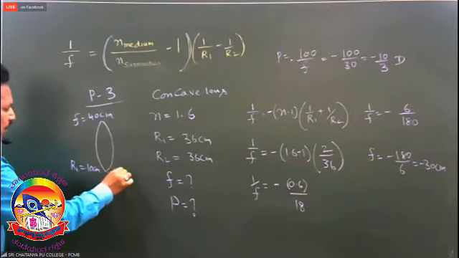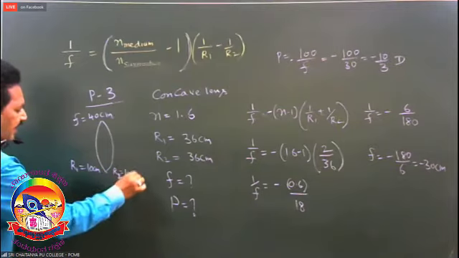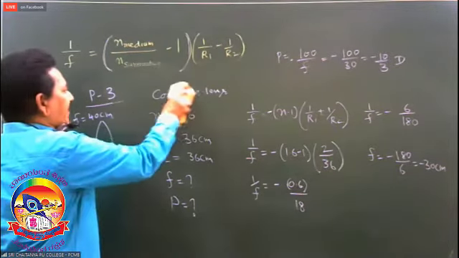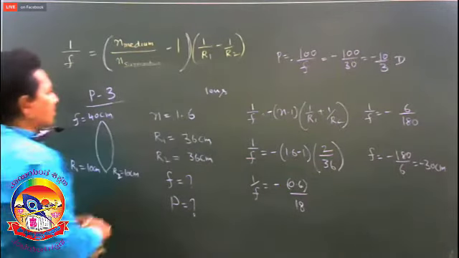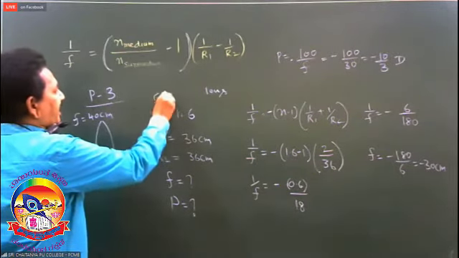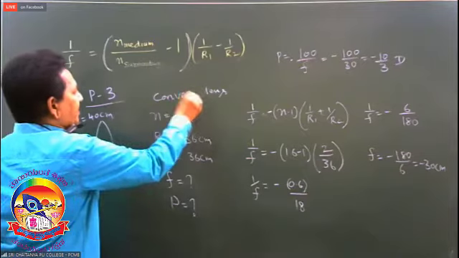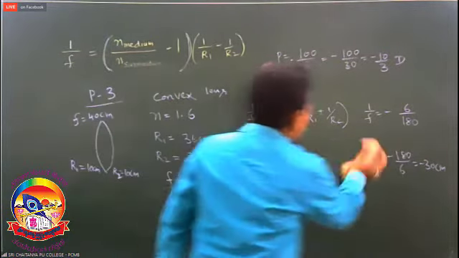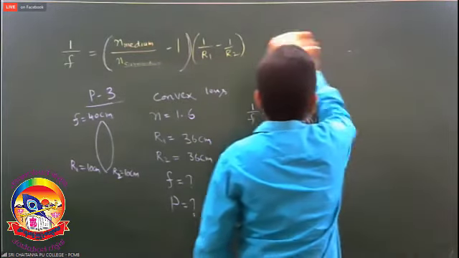Here also 10 centimeters. Convex lens. You are asked to find out refractive index of the material of the lens.